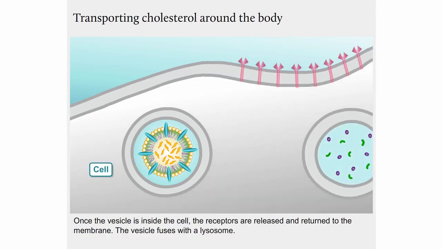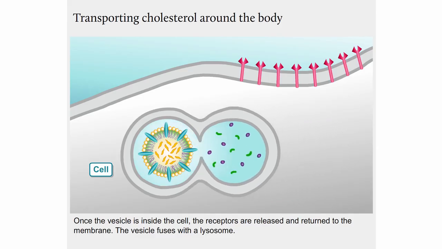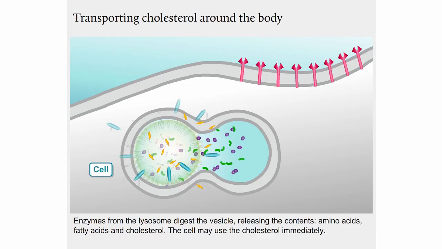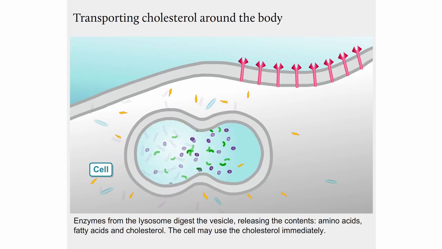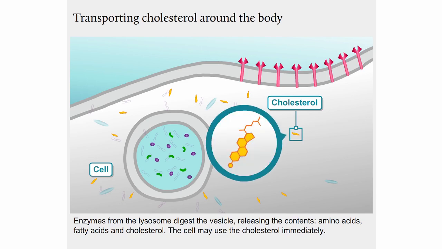The vesicle fuses with a lysosome. Enzymes from the lysosome digest the vesicle, releasing the contents: amino acids, fatty acids, and cholesterol. The cell may use the cholesterol immediately.